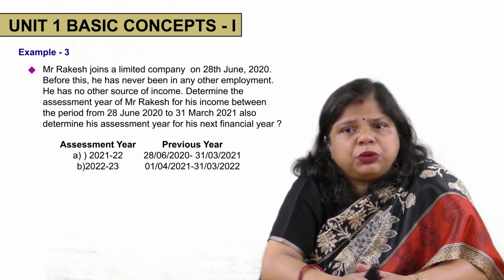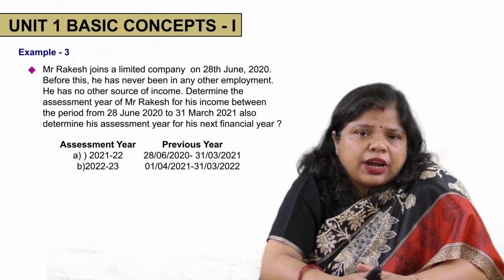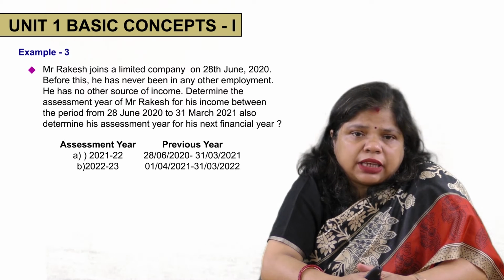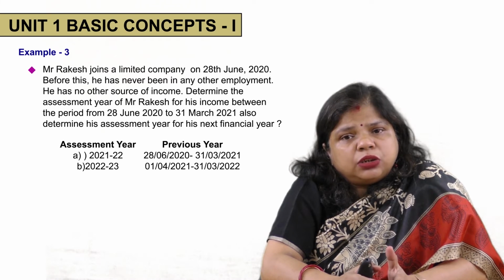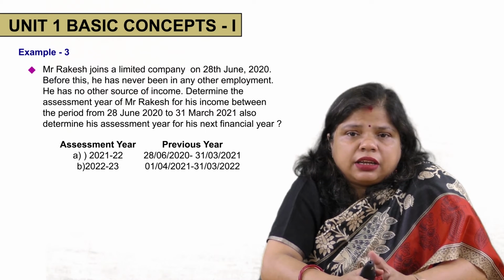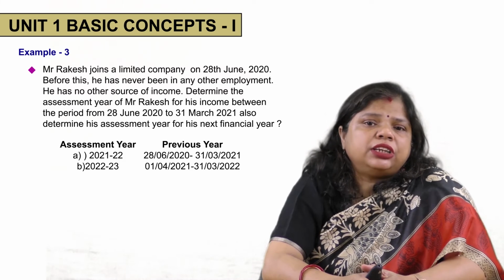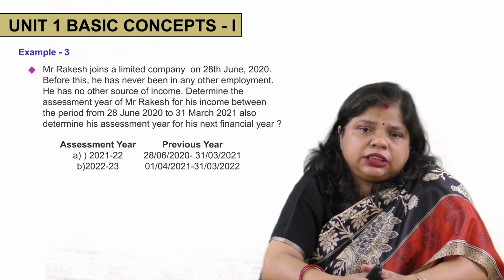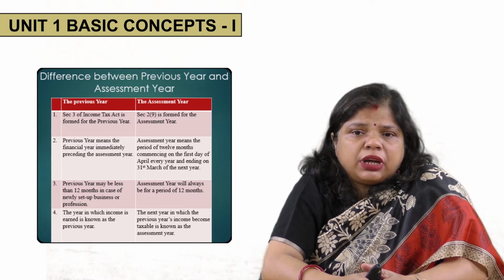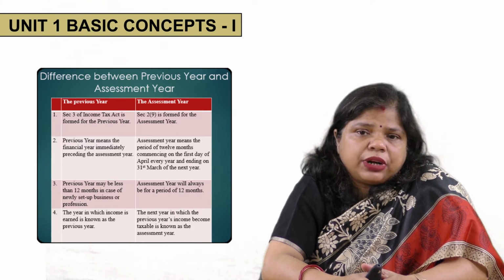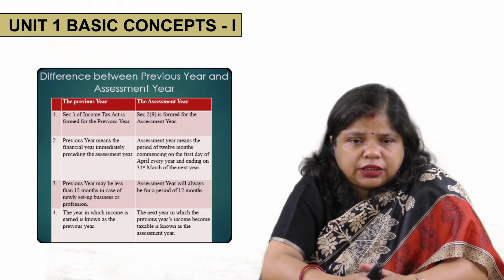Now, there is a difference between previous year and assessment year. Previous year is defined in section 3 of Income Tax Act, whereas assessment year is defined in section 2 subsection 9 of Income Tax Act. Previous year means financial year immediately preceding the assessment year, whereas assessment year means the period of 12 months commencing on the first day of April every year and ending on 31st March of next year.